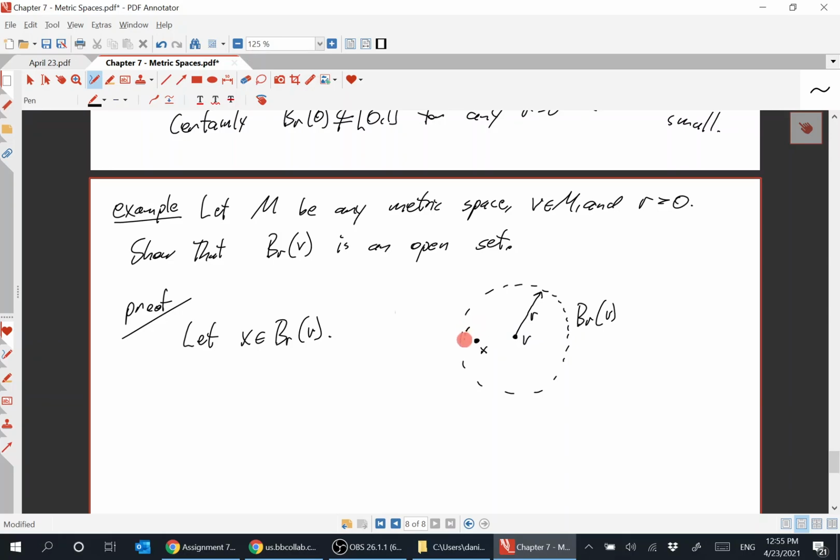So what do we have to do? We have to define the radius of the ball around x and then show that it stays inside the open ball of radius r around v. Well, what radius shall we choose, do you think?